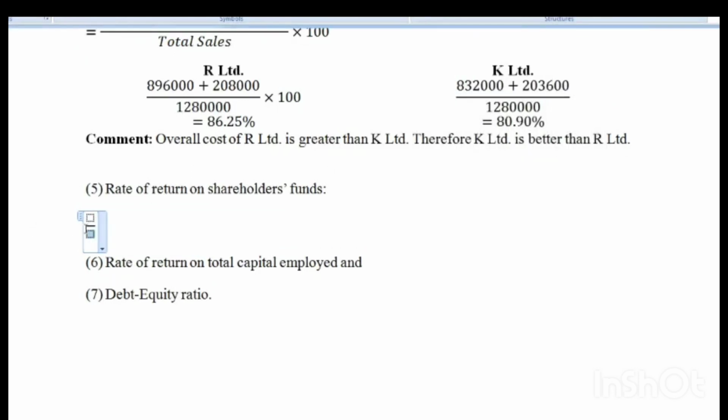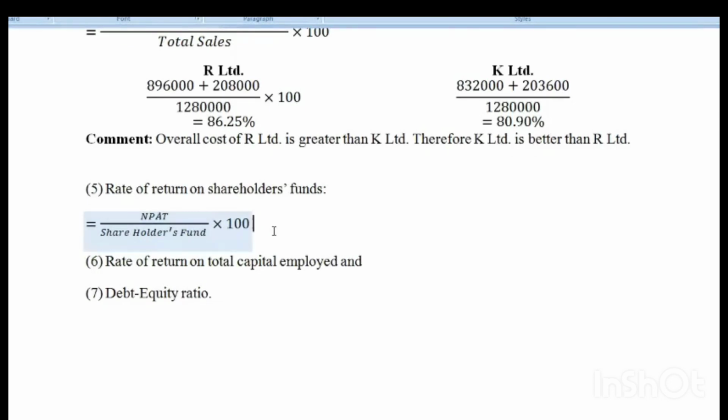Does anyone remember? Rate of return on shareholders fund means net profit after tax divided by shareholders fund into 100.